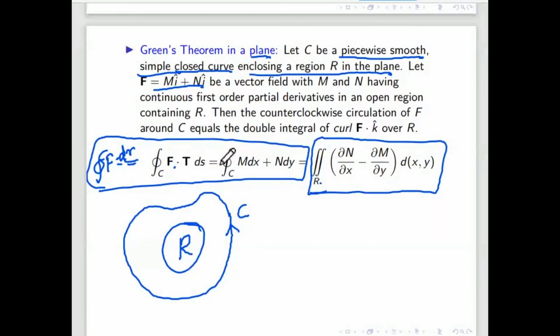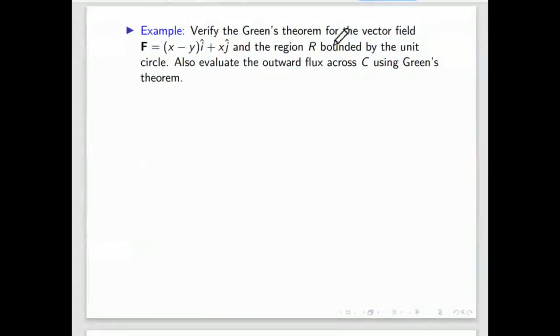We'll do one question. We have to verify Green's theorem for this vector field over the region R bounded by this unit circle. The question also asks you to calculate the flux, which we will see later using Green's theorem.